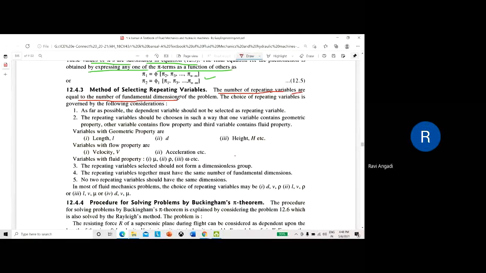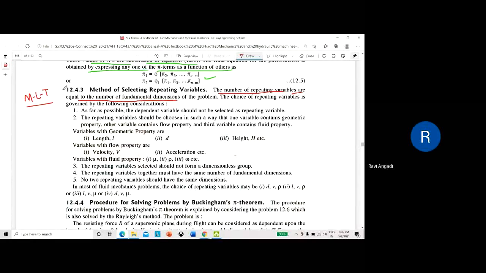How many repeating variables? 2. Suppose there are 3 fundamental dimensions, how many repeating variables? 3, sir. Okay. So as we know, the fundamental dimensions are M, L, T. There are 3 fundamental dimensions, and that many repeating variables are to be taken. So that is the first step.